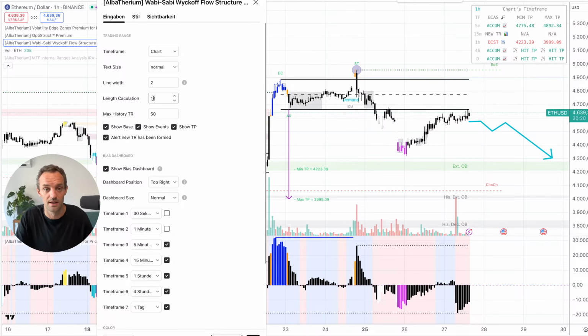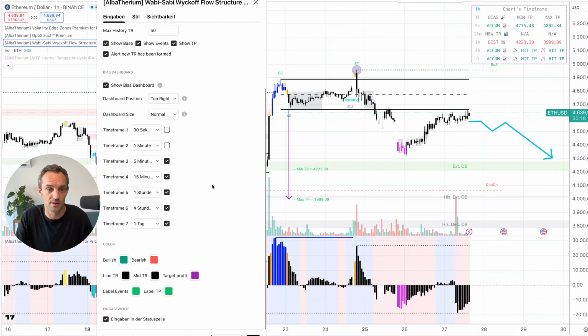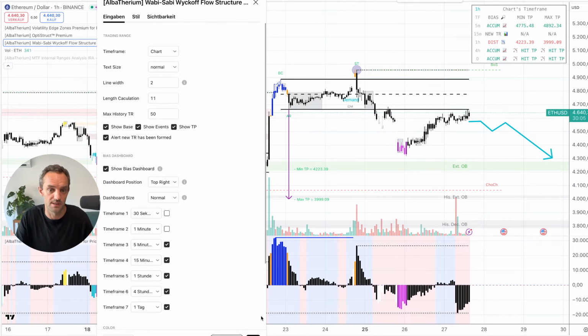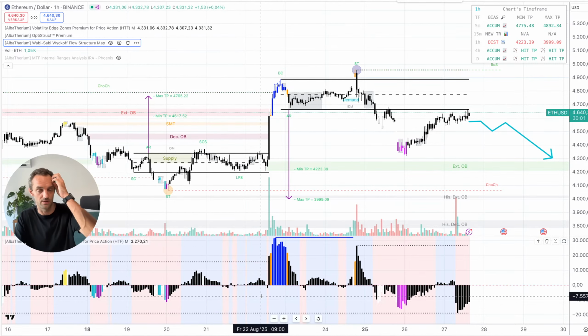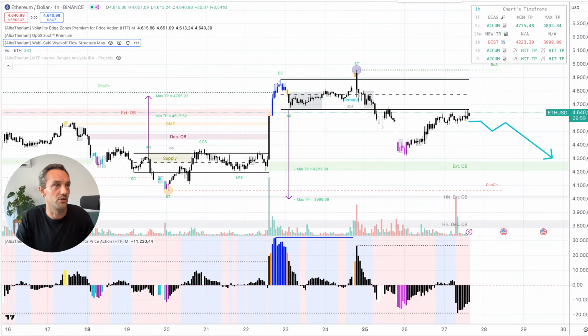Of course, the bigger the length calculation, you cannot adjust the targets. Everything is automatic, as far as I know, this purple thing. I think I need to change my settings to English. I don't know, then I have problems on my German channel. Anyway, I hope I explained it.